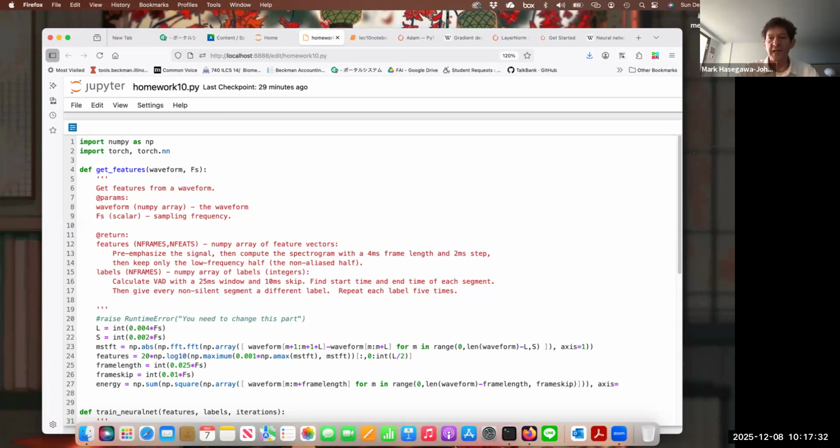There we go. Now we have the energies. Now we can calculate the VAD. The VAD will be one if energy is greater than 10% of its maximum, otherwise 0, for m in the range equal to the length of energy. There's something I missed. Oh, just the closing. There we go. The frame starts will be the VAD that changes from 0 to 1.